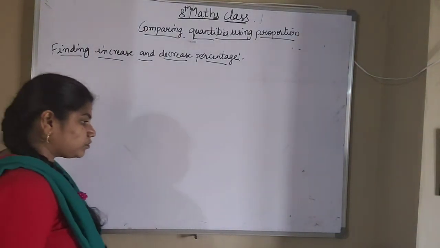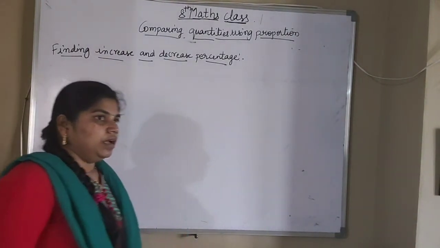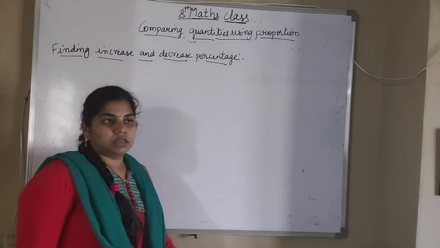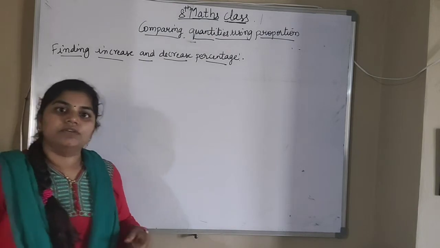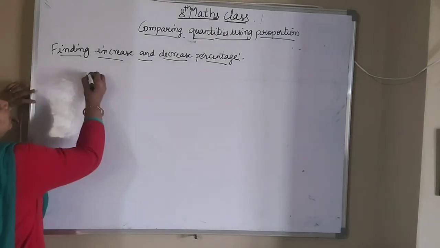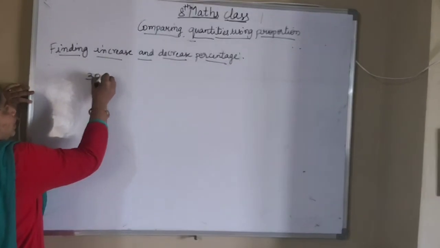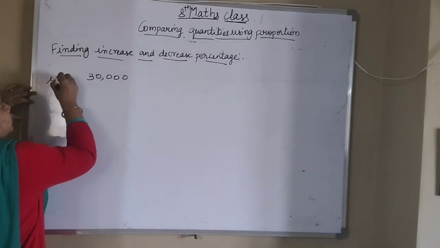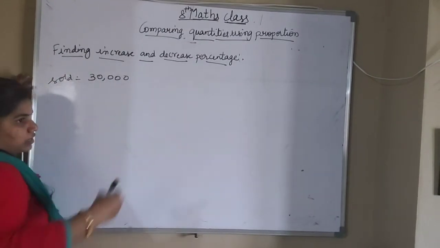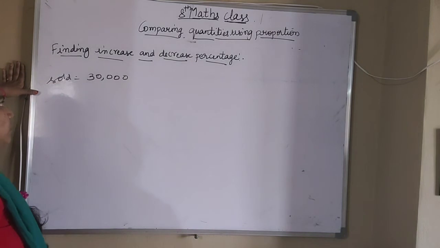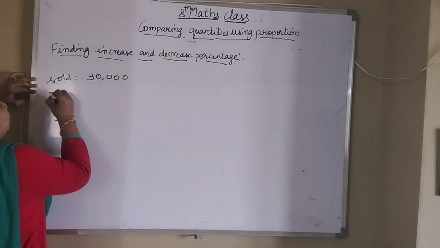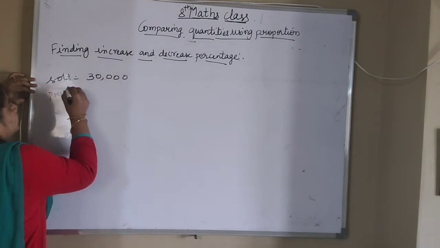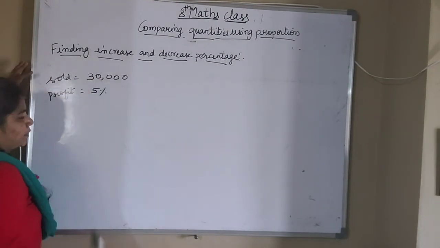Suppose I have sold a fridge for 30,000. So what is this? Sold, that means I have sold. So sold is 30,000. After selling, I got a profit of 5%.